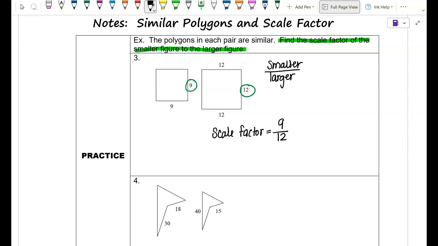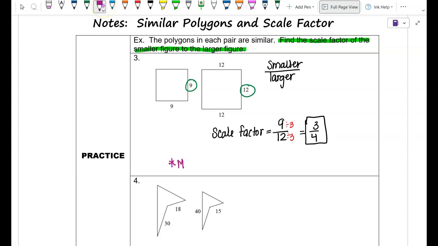But in this case, I get 9 over 12. Ratios always need to be reduced. Both of these are divisible by 3. So this reduces down to 3 over 4. So my scale factor would be 3 to 4. And I am going to put a little note here.